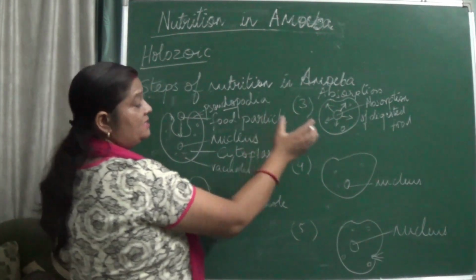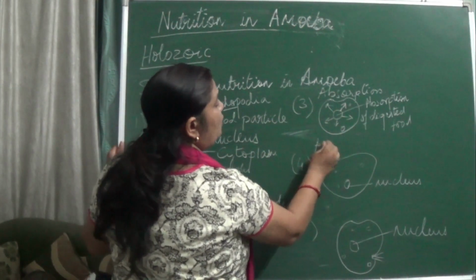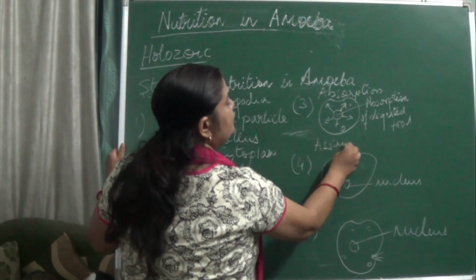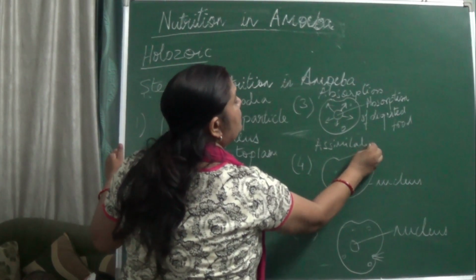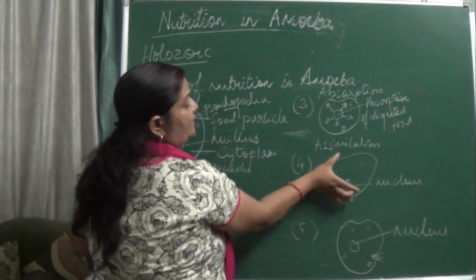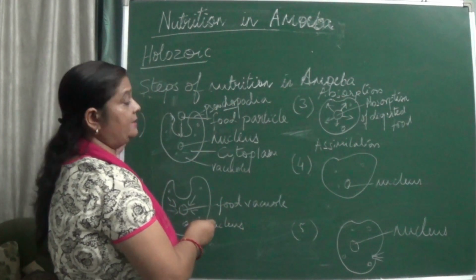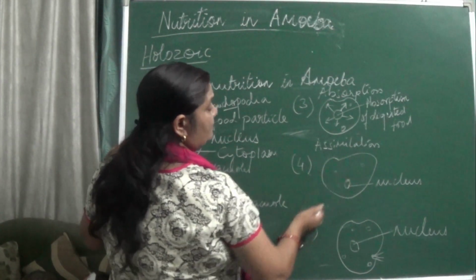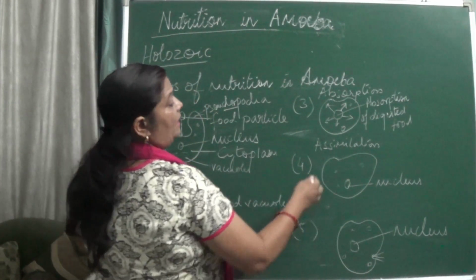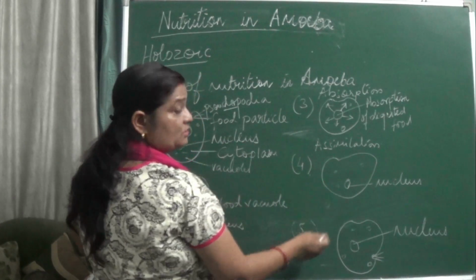And once it is absorbed by the body, the next process is assimilation, isn't it? In this assimilation, it is used by the amoeba for its growth and repair, and as a result, it becomes larger in size. And the rest of the food is stored also.